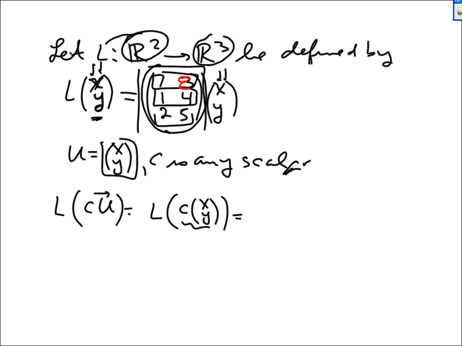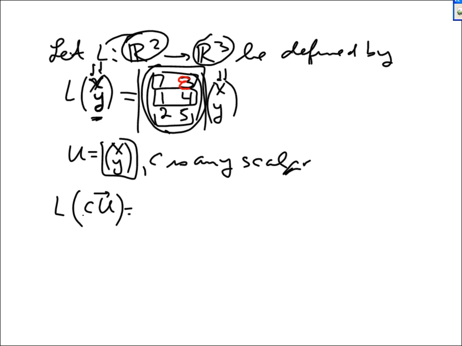L of any vector in R2 is this matrix 7, 3, 1, 4, 2, 5 times, you know what, I don't even need this. I don't even have to say that u is xy. But u better be in R2. So I can only take L of things in R2.